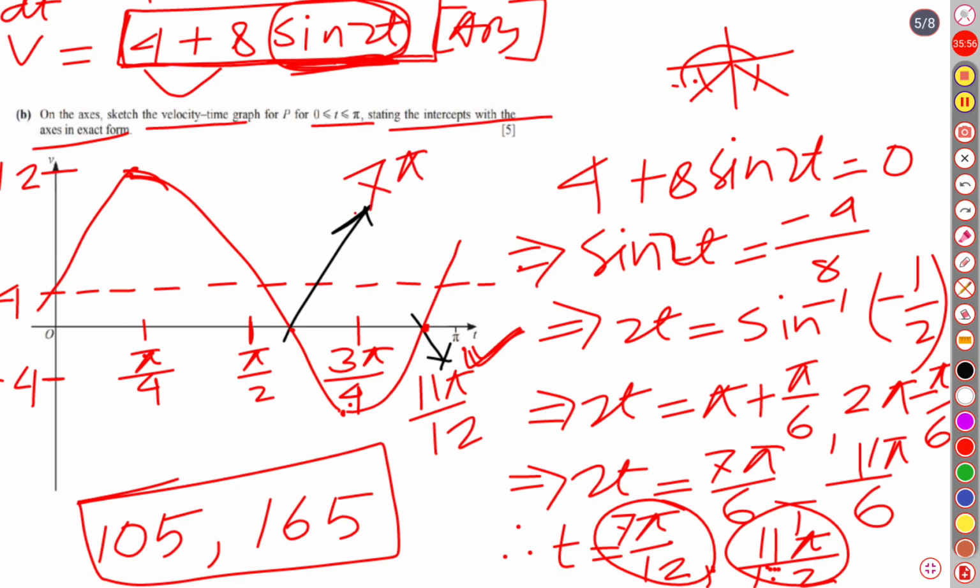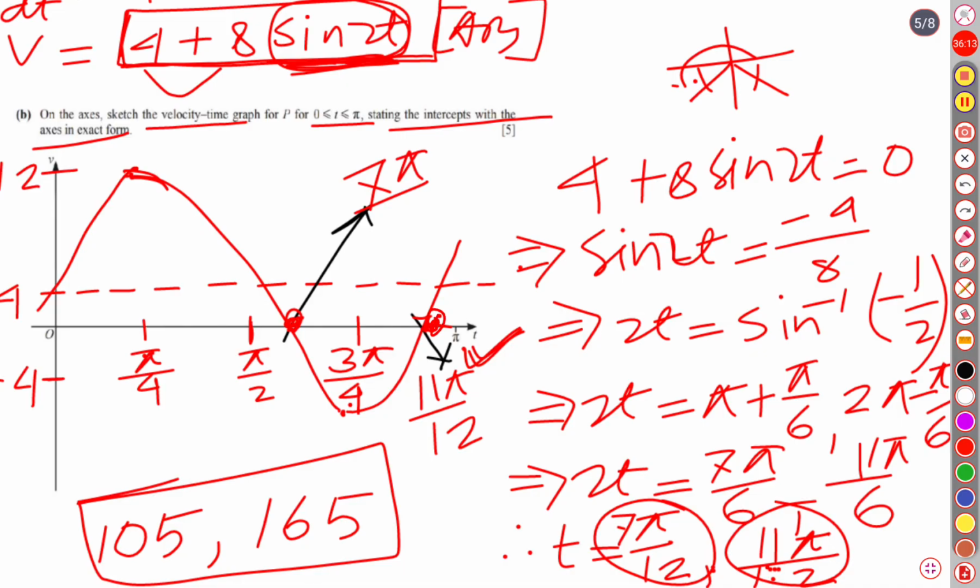I need a lot of space to write, that's why I'm writing over there, but you must write over here at this point and at this point. It may be closer to pi actually, because it's almost pi.